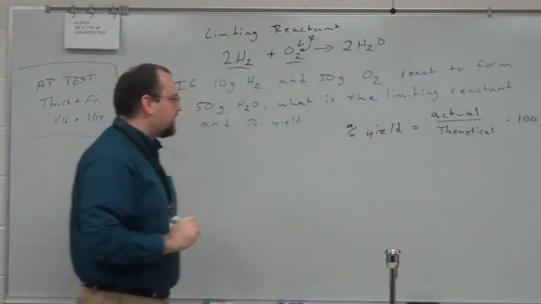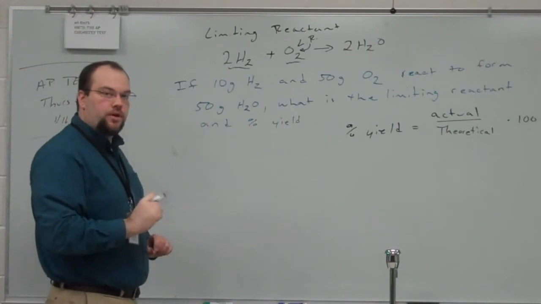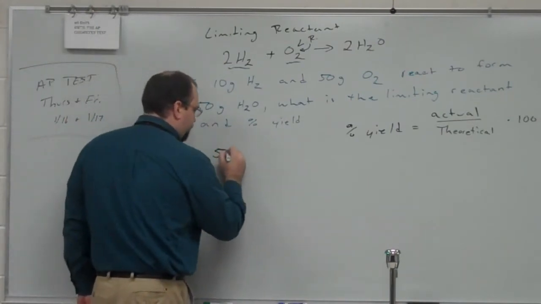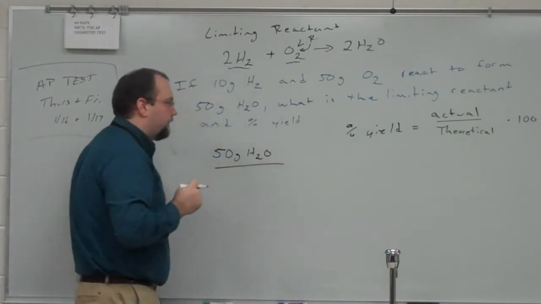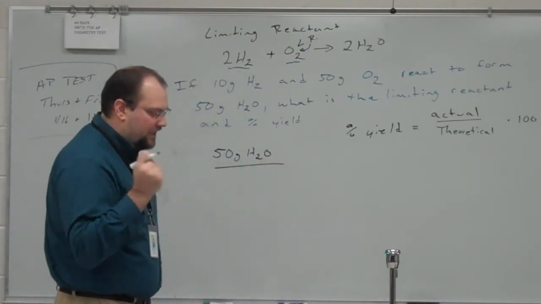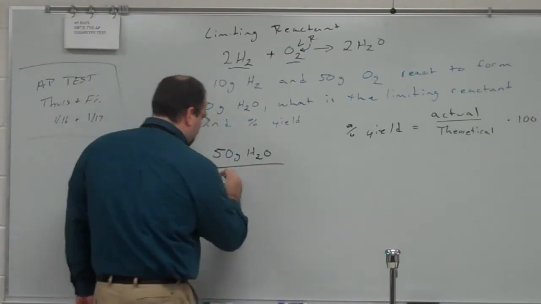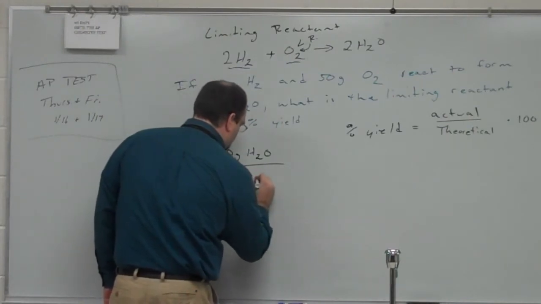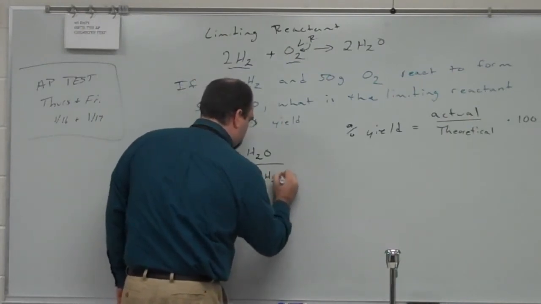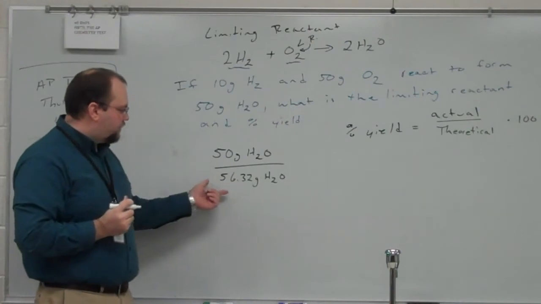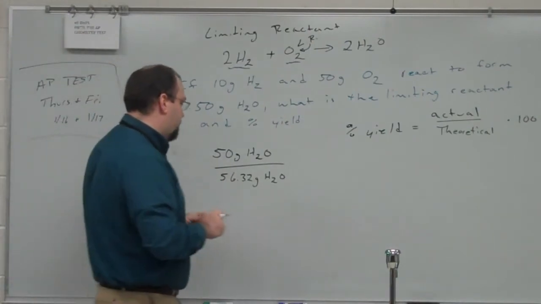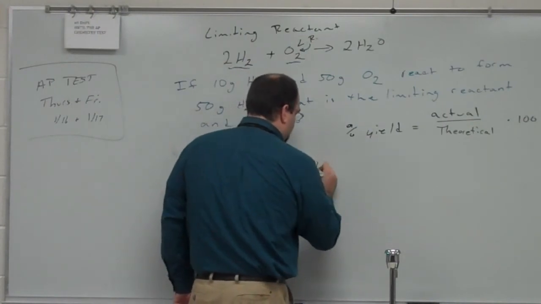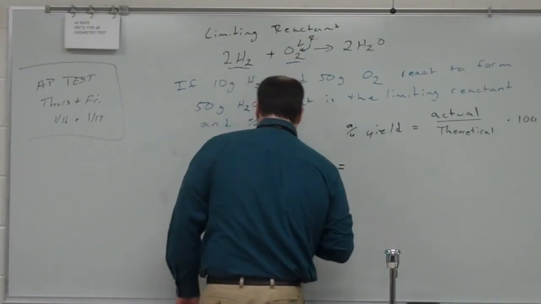I know my actual is 50 grams of water, so 50 grams of water formed. However, oh shoot, and I erased it. I believe the O2 was 56.32 grams. So my actual is 50. My theoretical, I theoretically should have gotten 56.32 grams. All right, I divide those two, multiply it by 100.